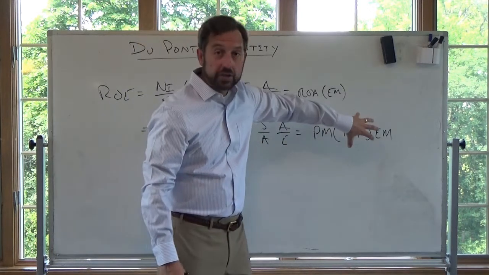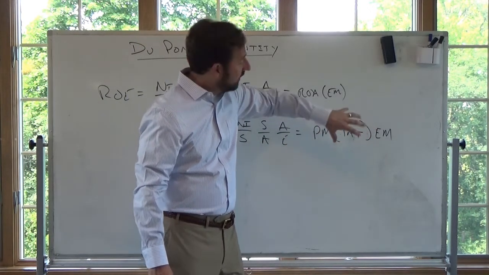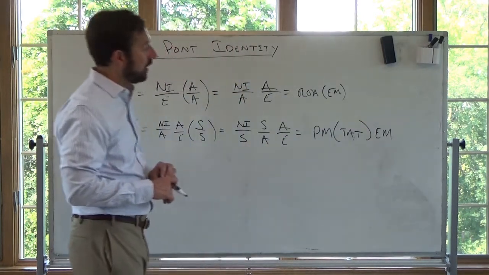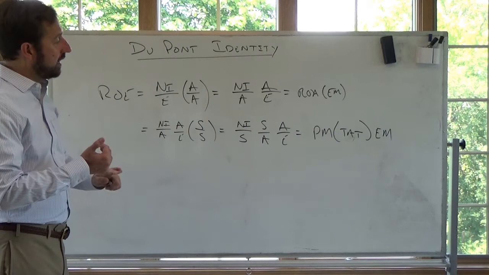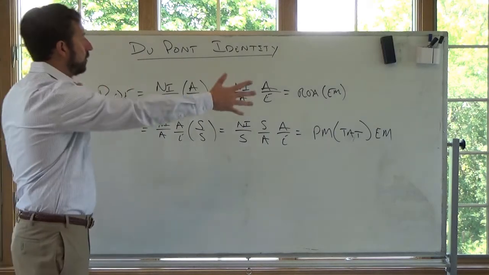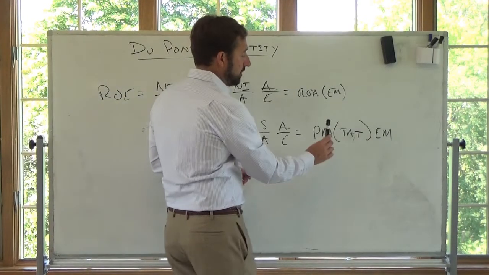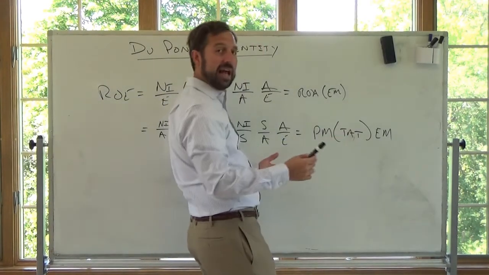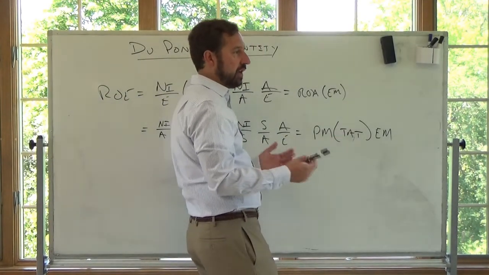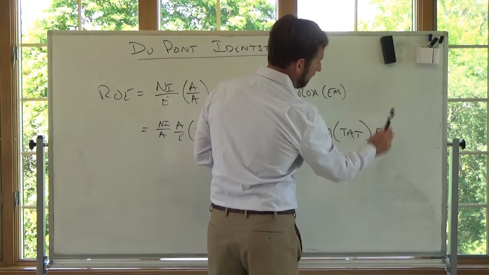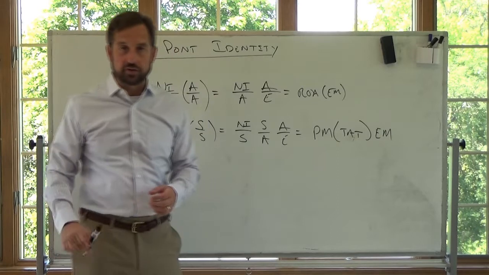Or are they using their assets more efficiently, generating more sales per unit of assets, which would be total asset turnover? So the idea of the DuPont identity is to break return on equity up into a measure of profitability, so we can tell whether the change in the return on equity is due to profitability, asset use efficiency, or simply capital structure.